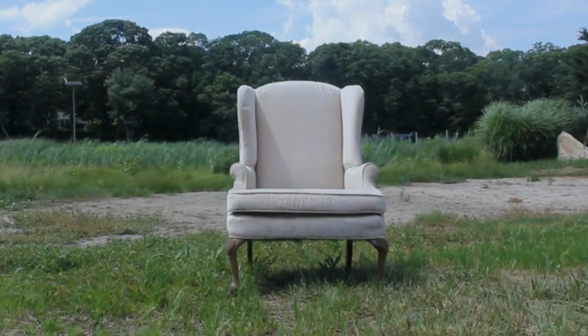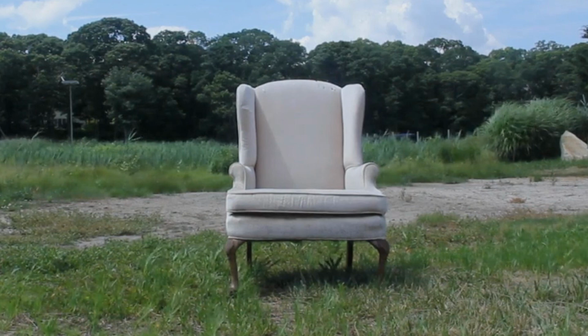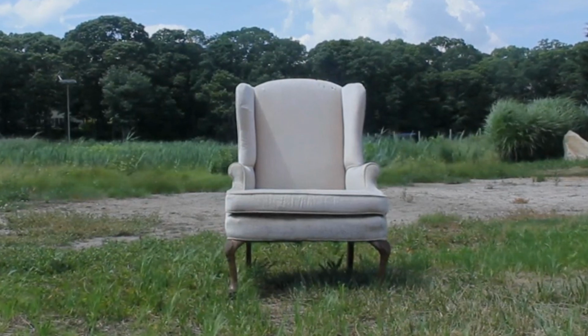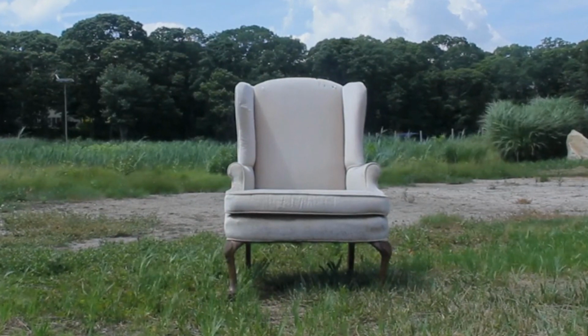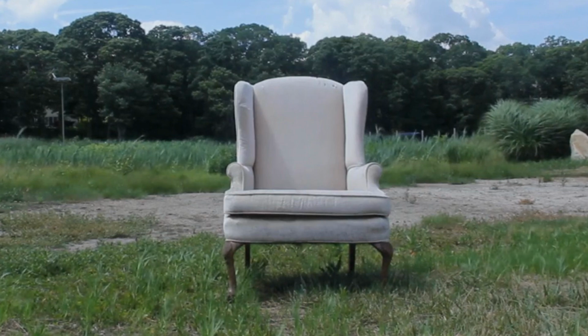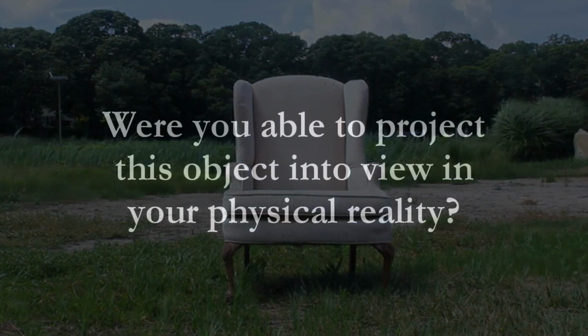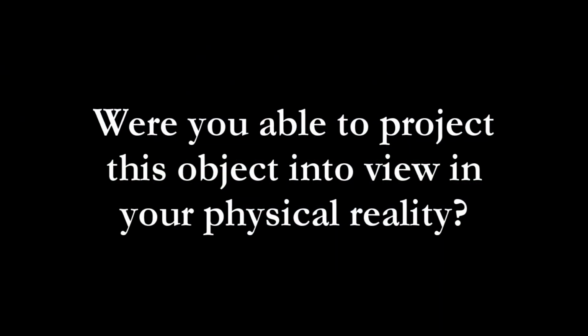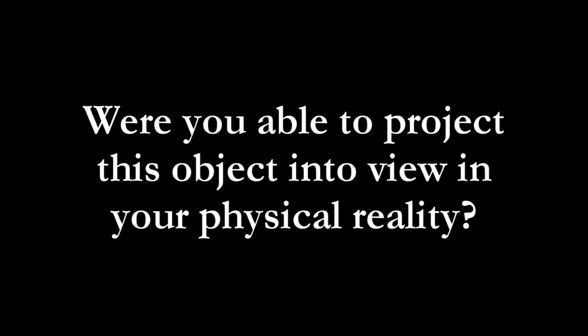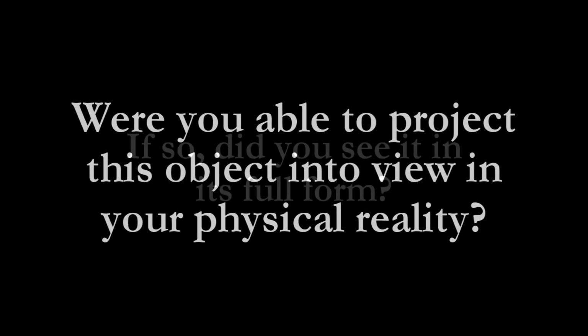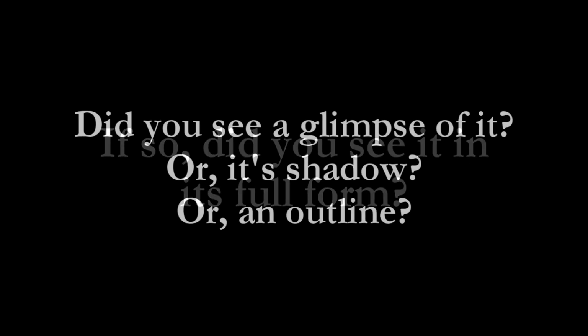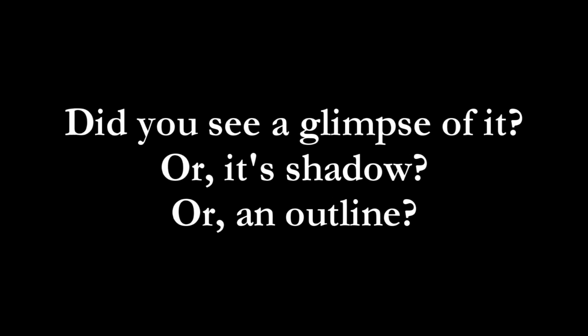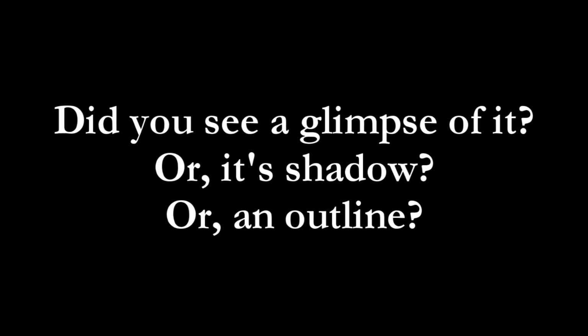Try this process for a few minutes, and then go back to your piece of paper to write down your results. Answer the following questions. Were you able to project this object into view in your physical reality? If so, did you see it in its full form? Did you see a glimpse of it, or its shadow, or an outline?